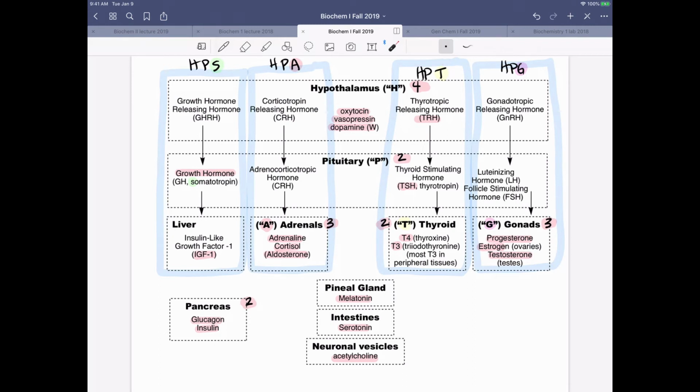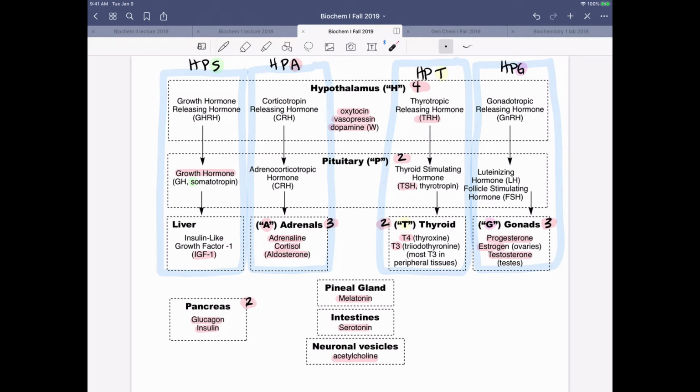HPT axis, this is one of the hormones that you do need to know here, thyrotropin-releasing hormone. So again, this is going to get the thyrotropin hormone to be released from the pituitary gland. So TRH is going to stimulate the production of TSH in the pituitary, and that's going to cause the thyroid to produce both T4 and T3.